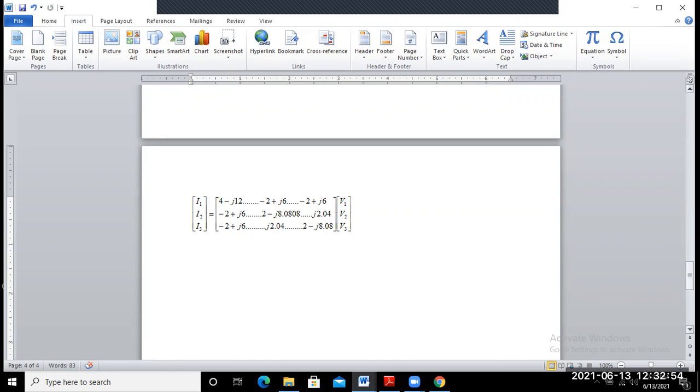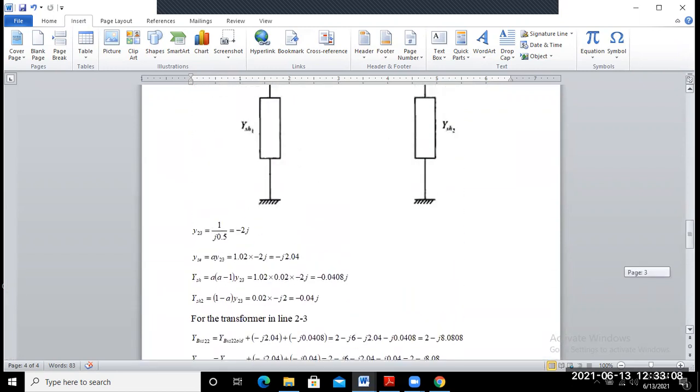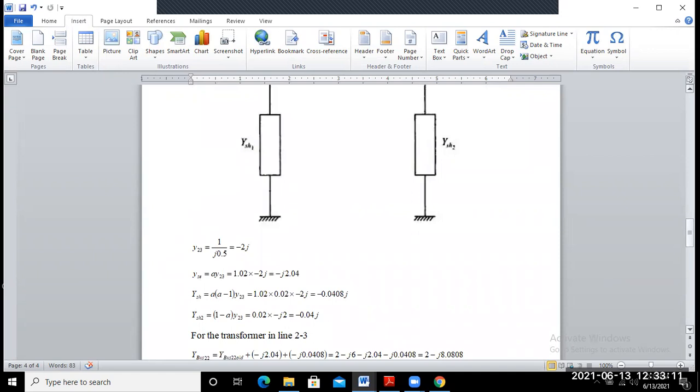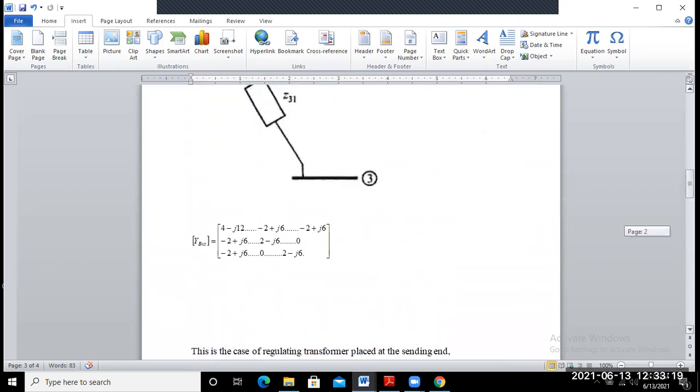So just a similar problem, maybe of various types. Formation of the Y bus matrix is very similar. You just have to concentrate on how we can follow it. Without the regulating transformer or with the regulating transformer, you have to transform with the nominal voltage ratio, whatever is given to you, that means a particular numerical value.